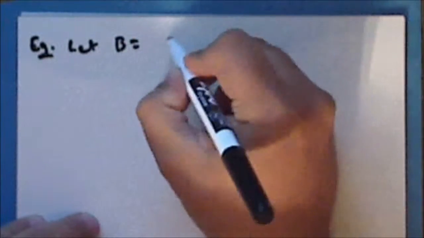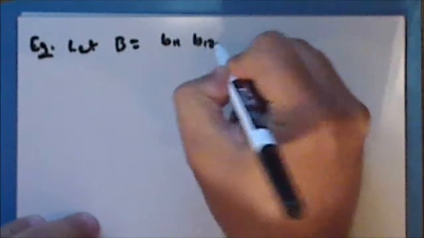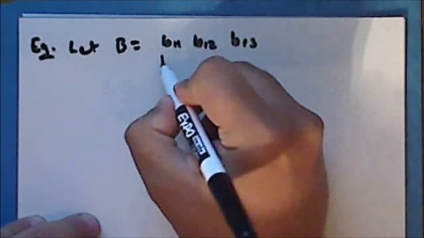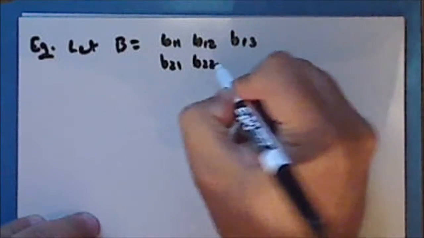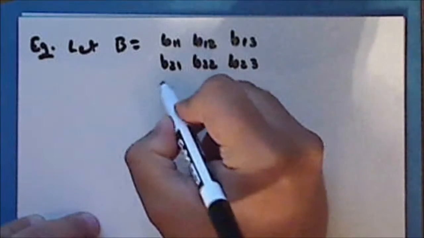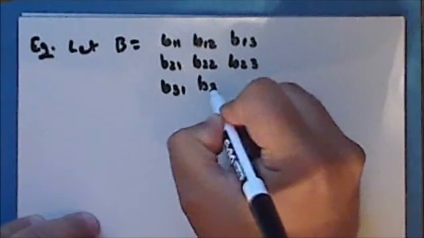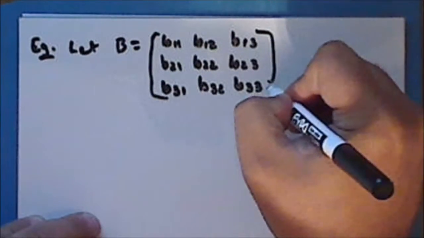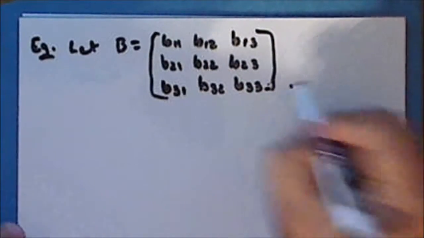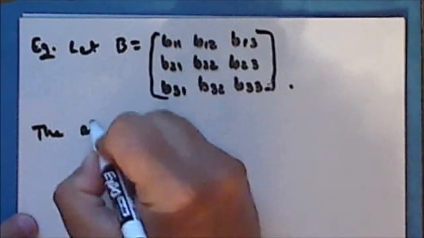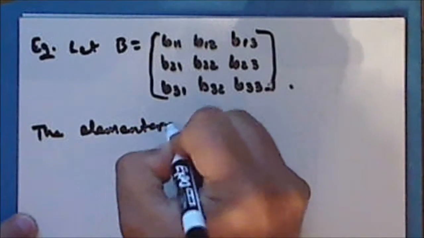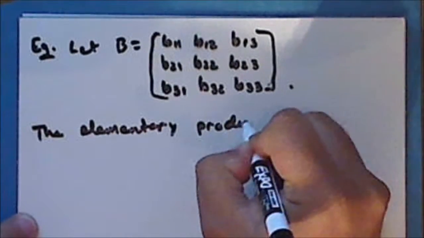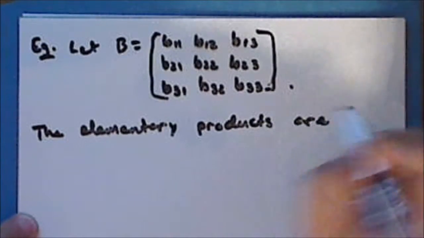So next, we'll consider a 3 by 3 matrix B. So the elementary products are as follows.